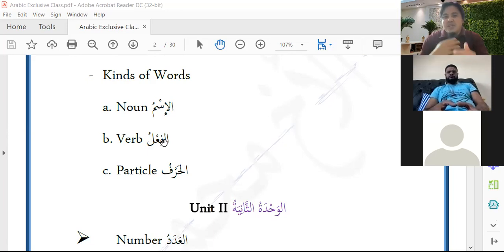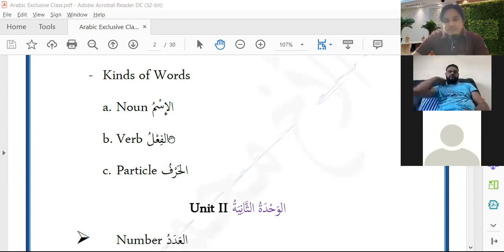Because when I started to learn Arabic, I started memorizing the nouns as vocabulary, and then the verbs, because nouns and verbs are very important. Particles, al-harf, are very easy. So when you have these Arabic vocabularies, the nouns and the fi'l, you will find it very easy to construct a sentence in Arabic, inshallah.